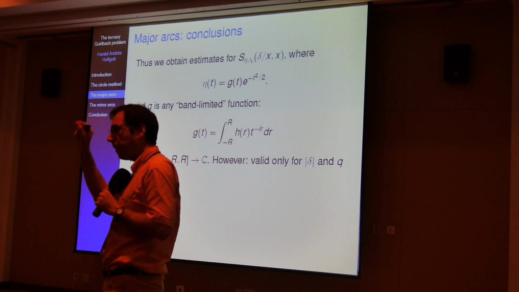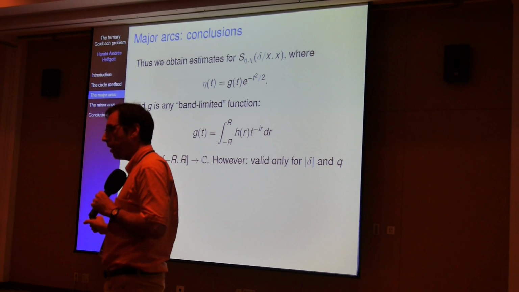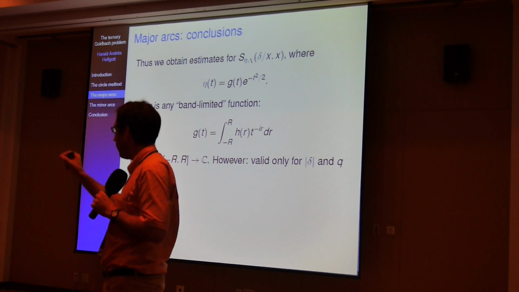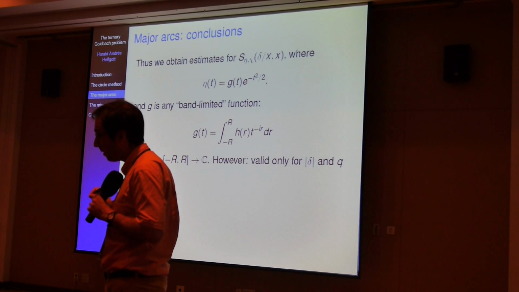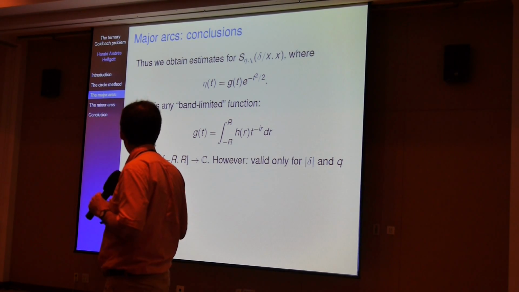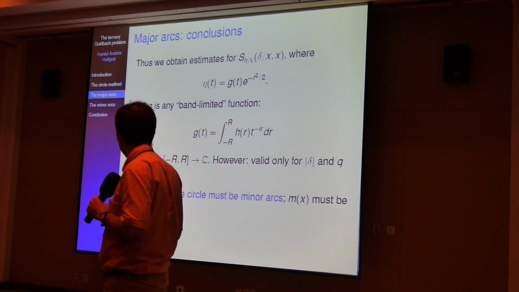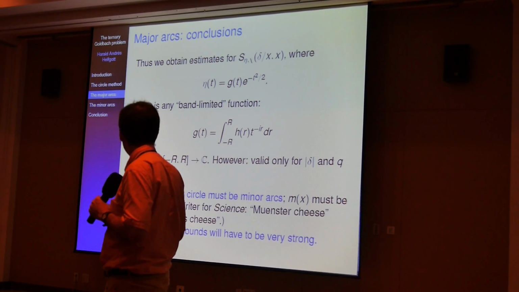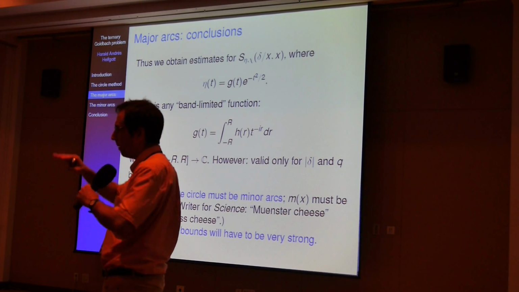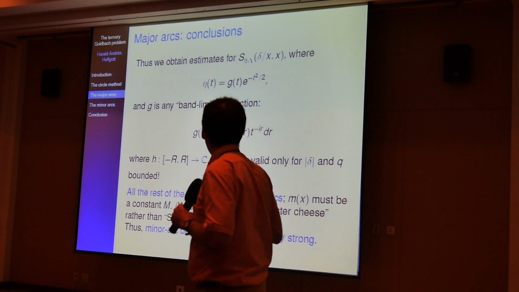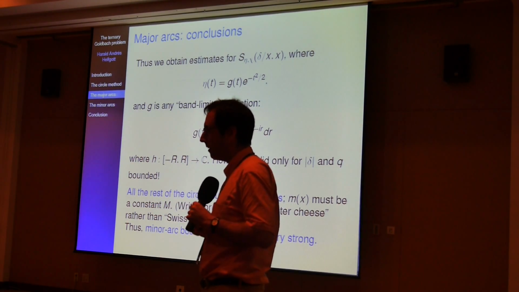You're allowed to treat only a bounded number of major arcs of widths about a constant over x, or a constant over x times Q, and so everything else is minor arc. So you have to be much better at metabolizing the rest of the circle. Not my metaphor, but you have to be better at eating cheese.